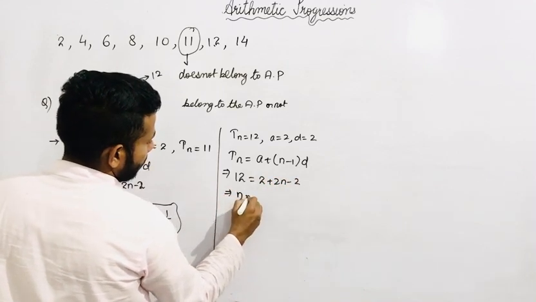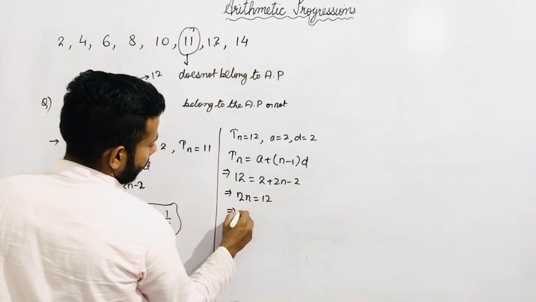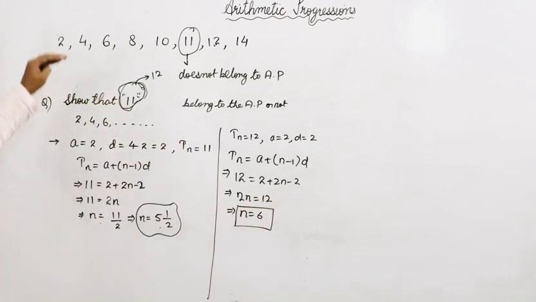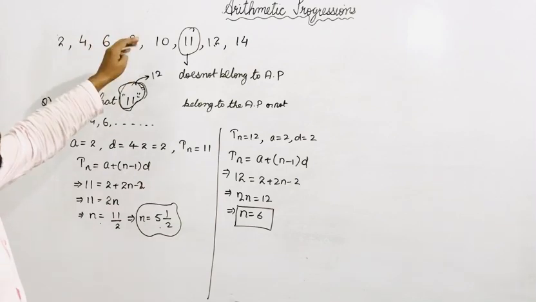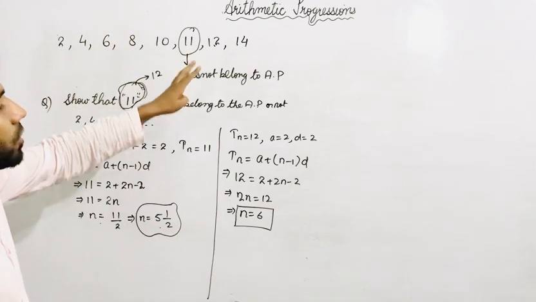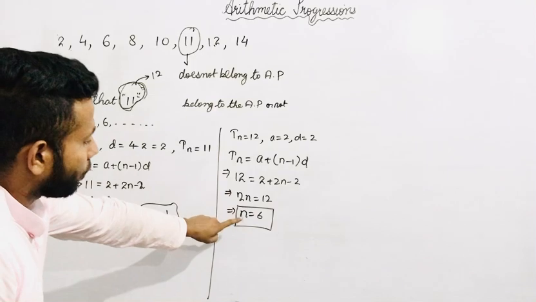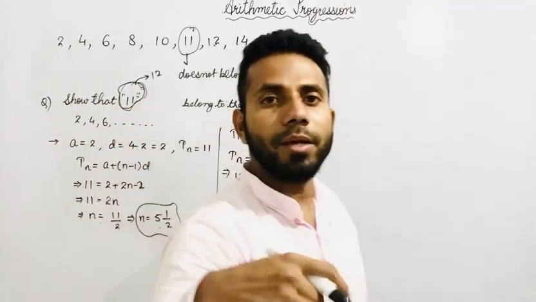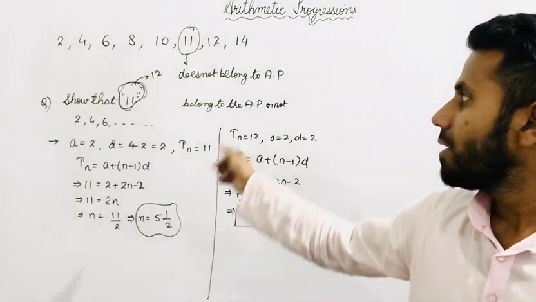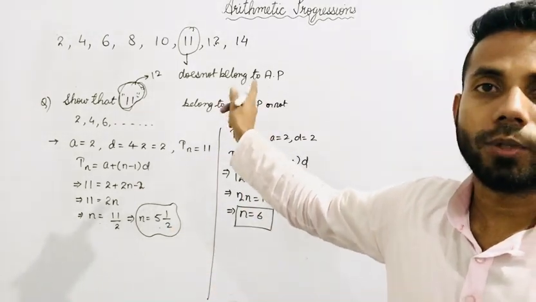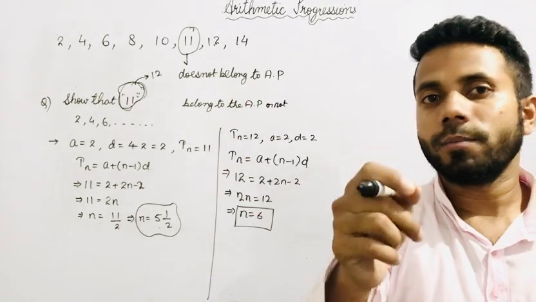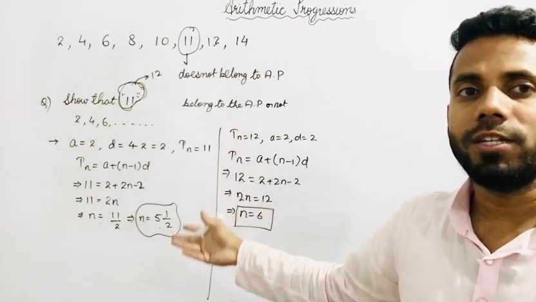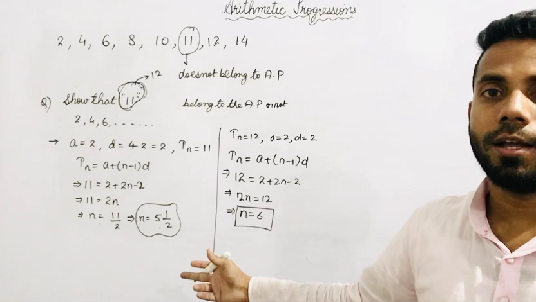So 2n equals 12, n equals 6. The value of n is coming a whole number. And from here also visibly you can see that 12 belongs to that AP. So for any term of the AP, if the value of n is coming a whole number, then that term belongs to that AP. And if the value of n comes a mixed fraction, then the term does not belong to that AP.